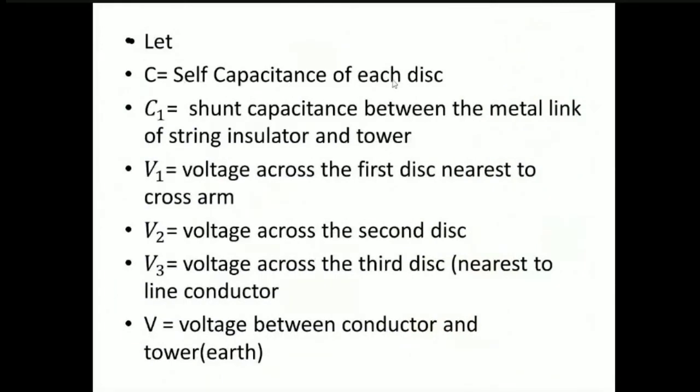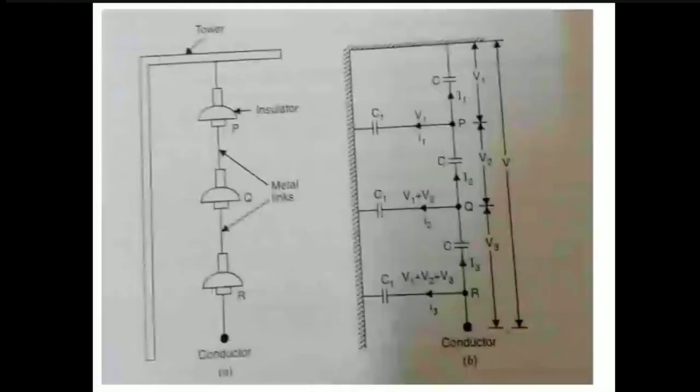C is the self-capacitance of each disc. C1 is the shunt capacitance between the metal link of the string insulator and the tower. V1 is the voltage across the first disc near the cross arm. V2 is the voltage across the second disc. V3 is the voltage across the third disc, nearest to the line conductor. V is the voltage between conductor and tower.